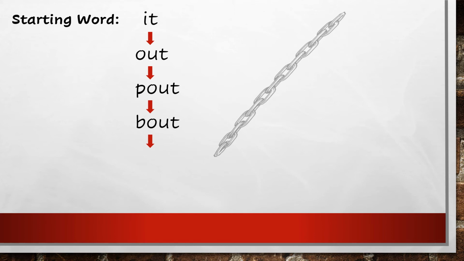The ow sound in bout is made by O-U. Ooh in boot is two O's, so boot is spelled B-O-O-T. After you have that written down, go ahead and draw your next arrow, ready for your next chain.